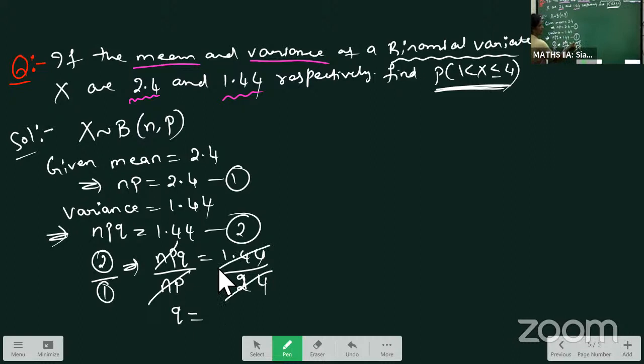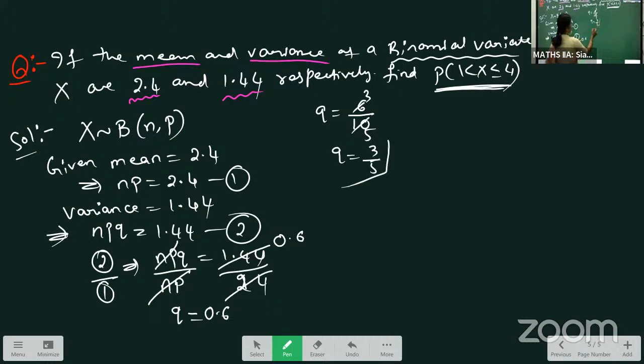So one decimal is different, so you can write 0.6. So q is equal to 0.6. Now simplify: if you remove the decimal, it is 6 by 10. 2 threes are 6, 2 fives are 10. So q is equal to 3 by 5.